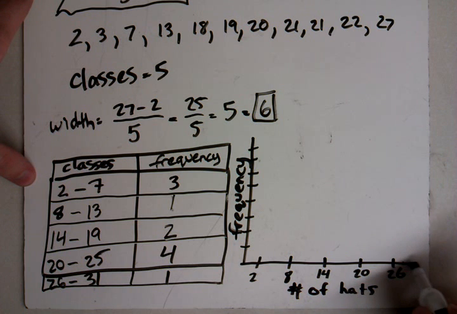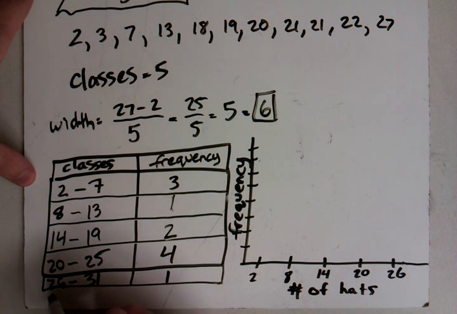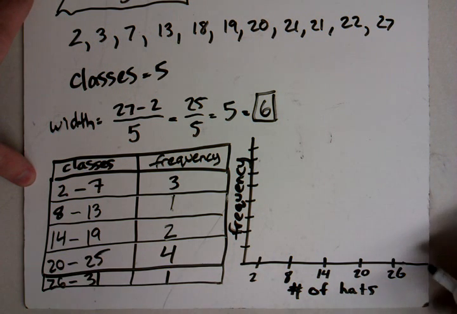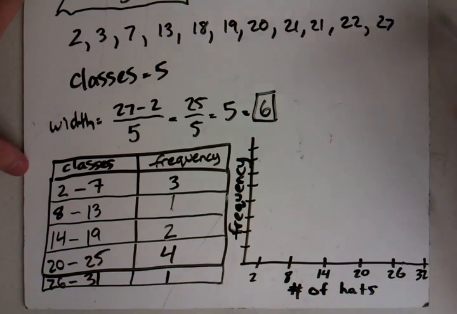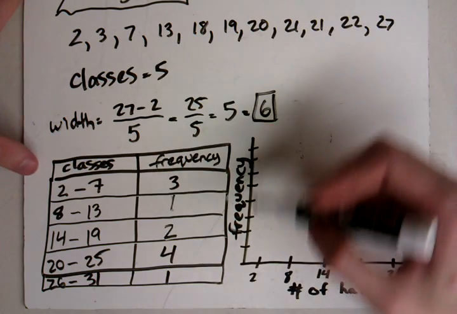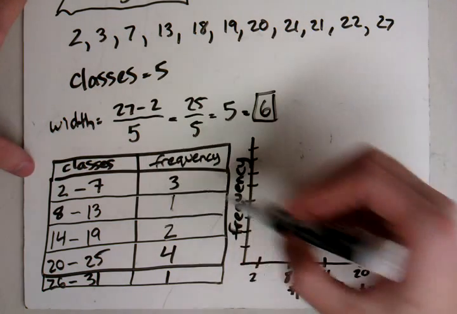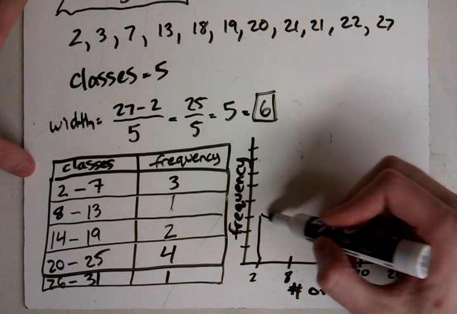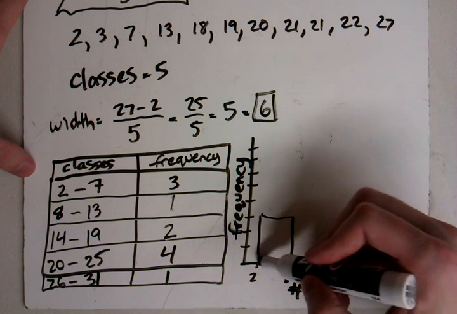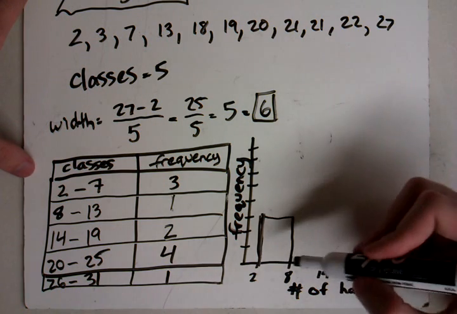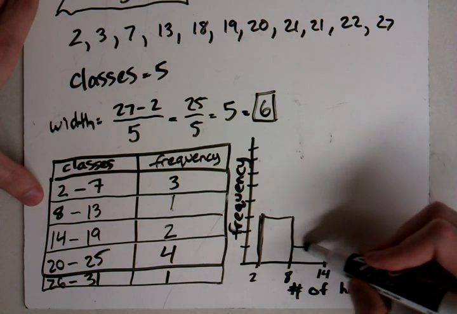When I go to graph the last one, it's not going to have enough room, so I need to start another class. The next class would start at 32, and then I'll just measure my frequencies, and that's how many units I go up. The first class has a frequency of 3, so I go up to 3 and make a bar. The next class has a frequency of 1.